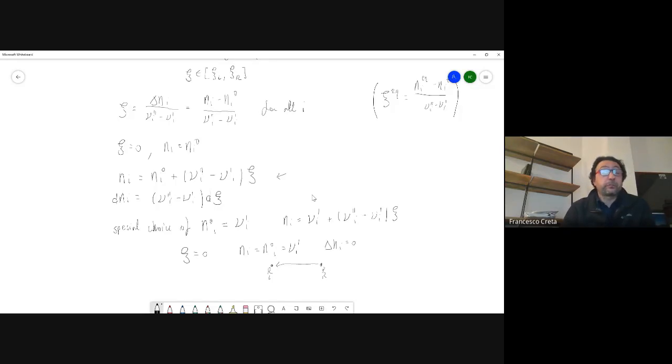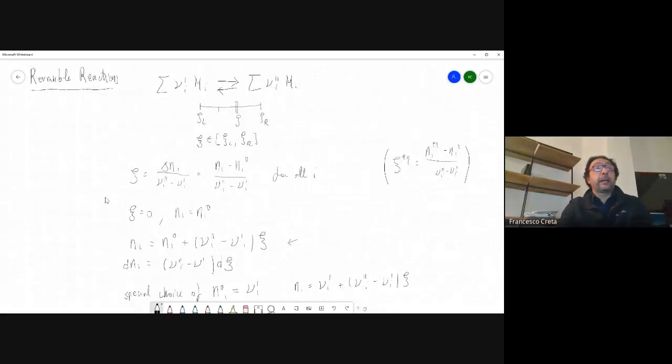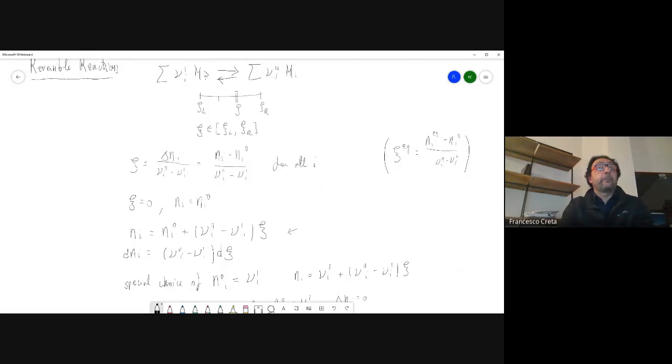We're staying with whatever we started with, the current composition as the prime one, the one being completely on the left. So this is when we say that the reaction is completely shifted to the left, okay?